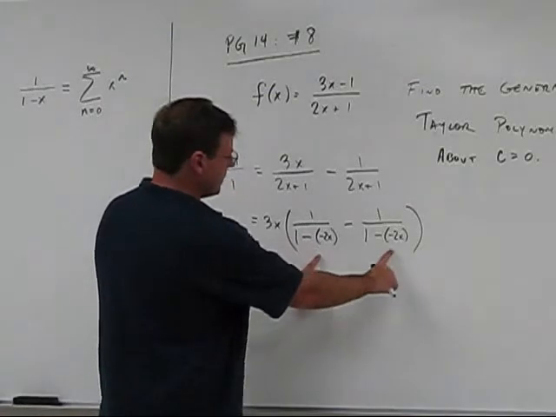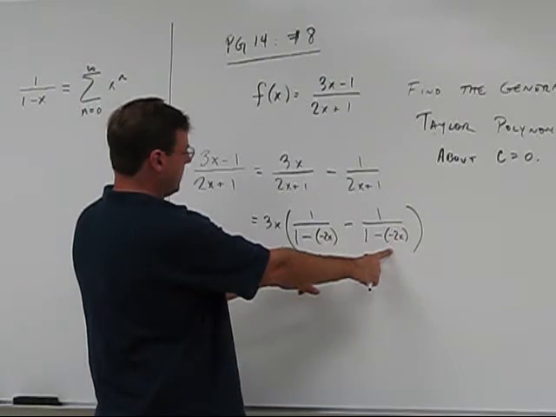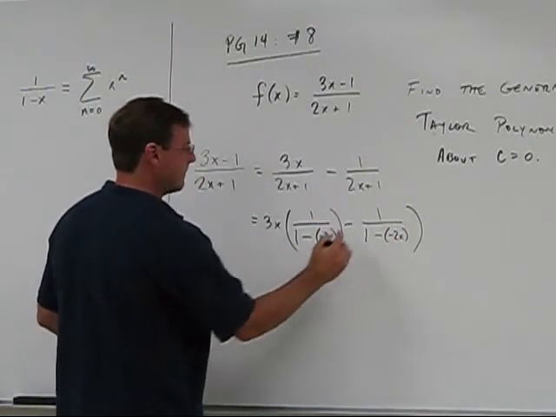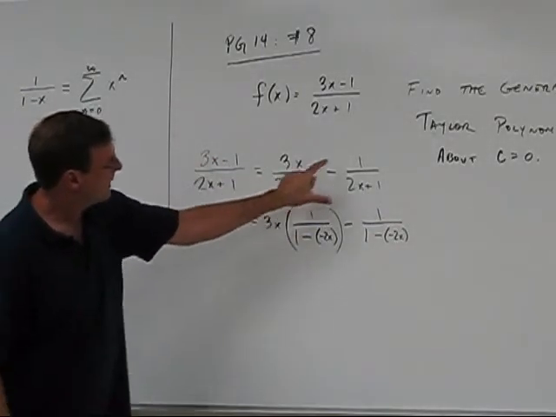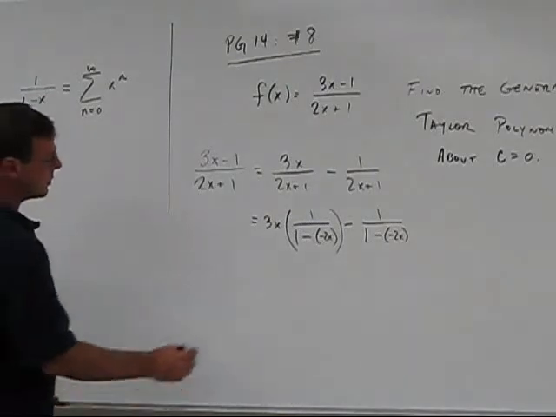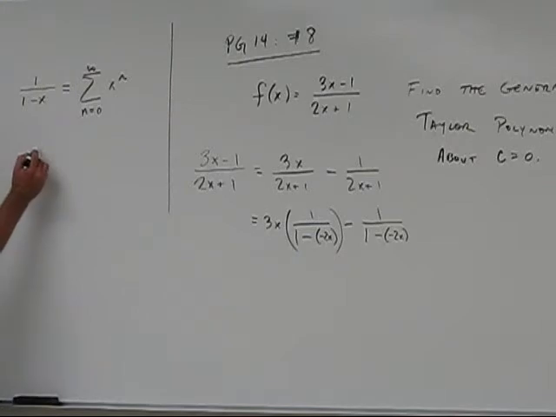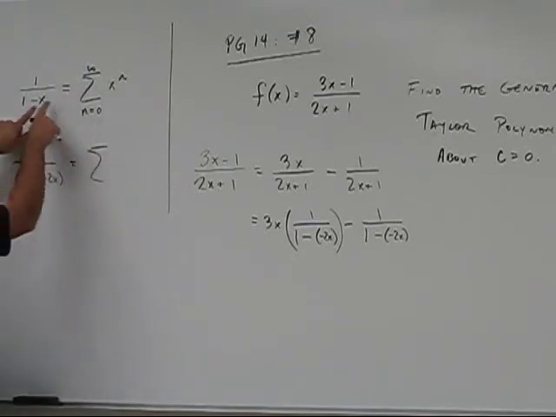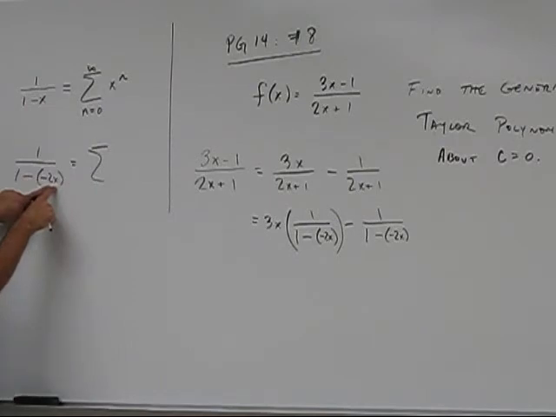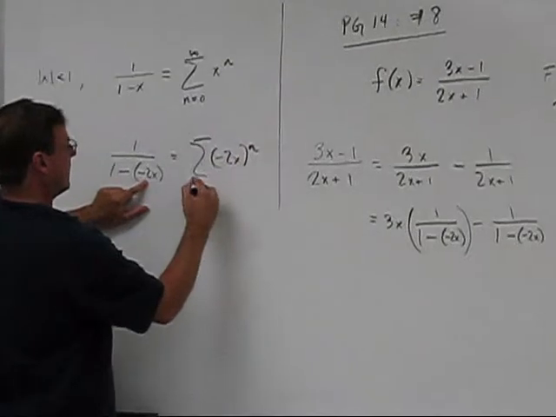So these two things here look the same. This is a parentheses here. Apologize for that. It's 3x times this term and then this guy. Okay, so this by itself, if I write 1 over 1 minus negative 2x, then if I have an x here, I get an x there, so if I have a negative 2x here, I should get a negative 2x there.